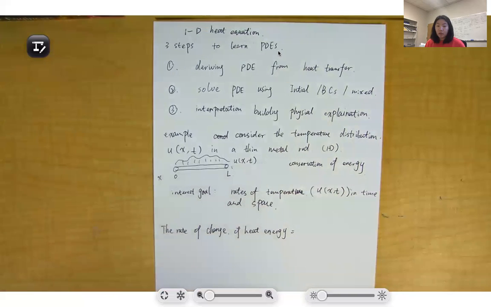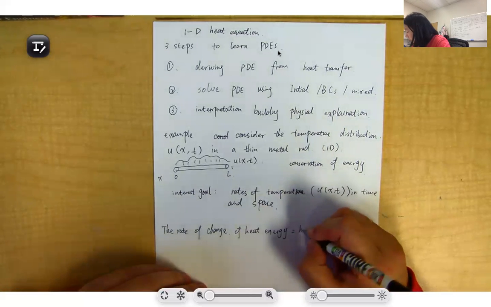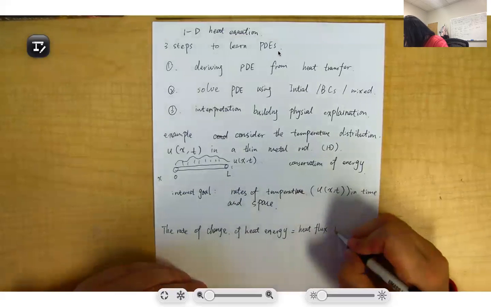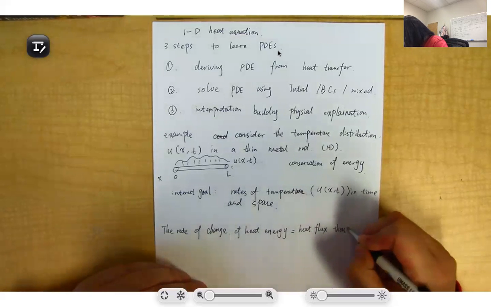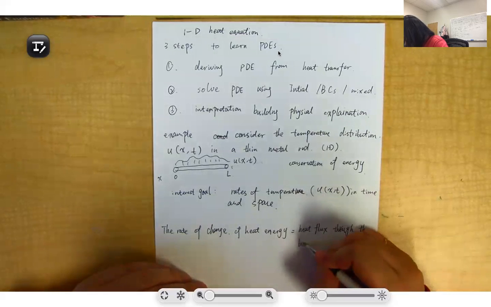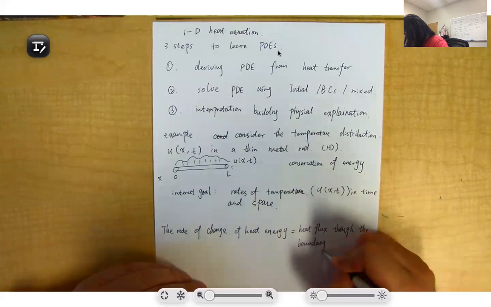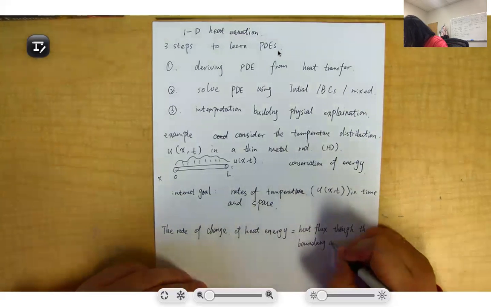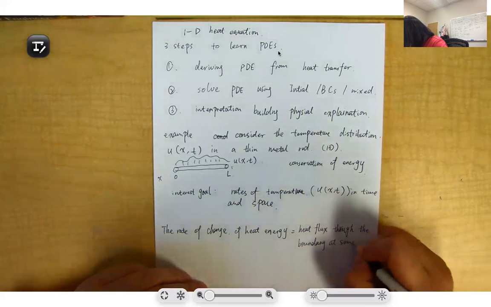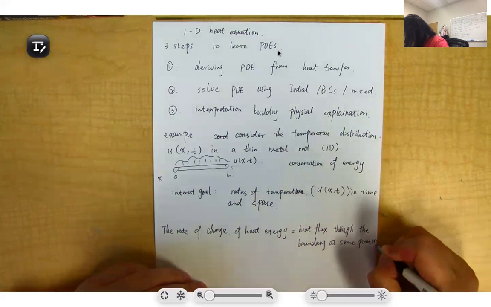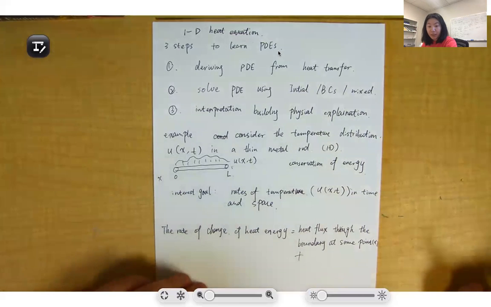What does the rate of change of heat energy equal to? It equals the heat flux through the boundary, and the boundary can be at some point x, plus some heat source.